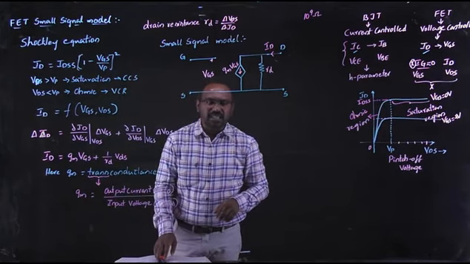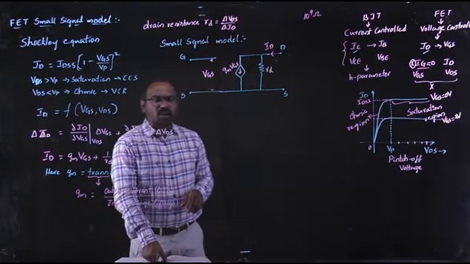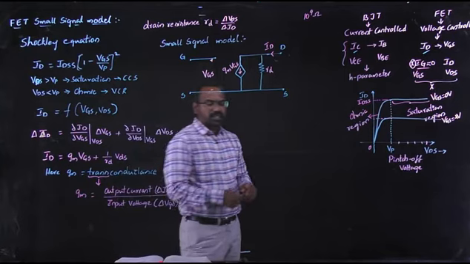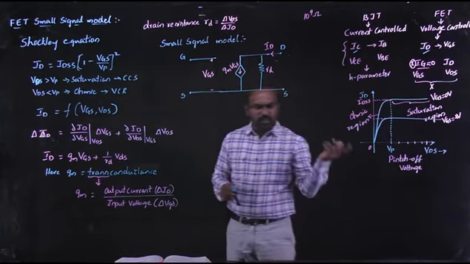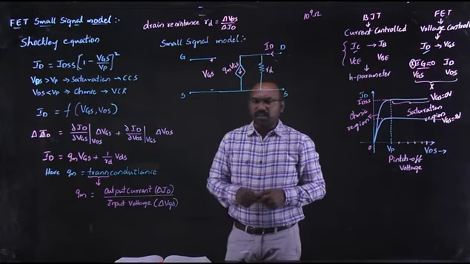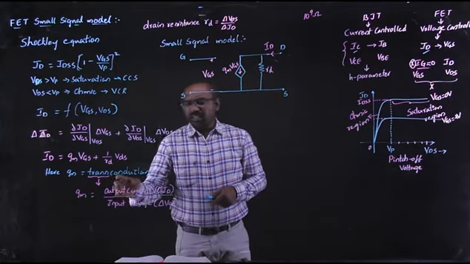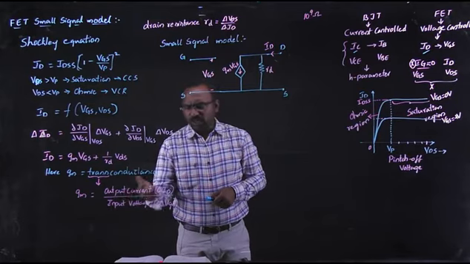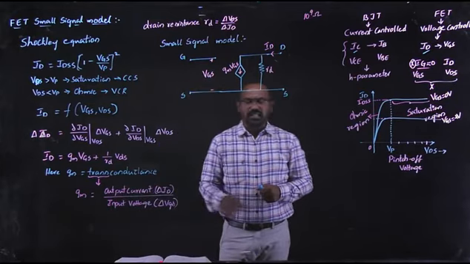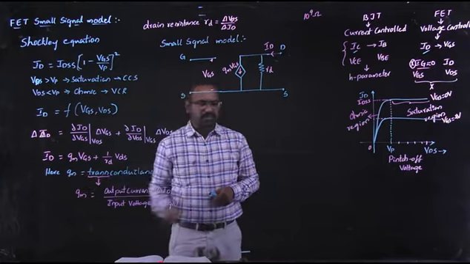So transconductance. Generally we know input impedance and output impedance. Input impedance means input voltage by input current. Output impedance means output voltage by output current. But here it is the ratio of output current to input voltage. That is the reason why we have given this word trans.